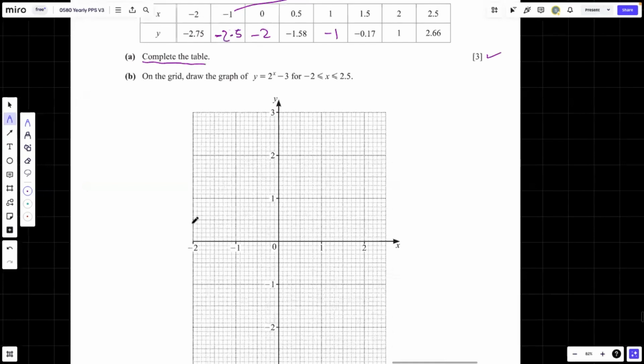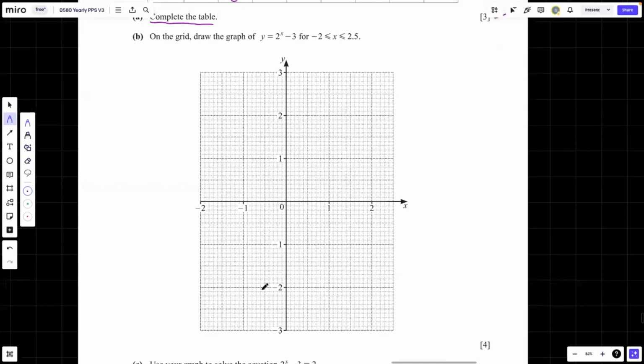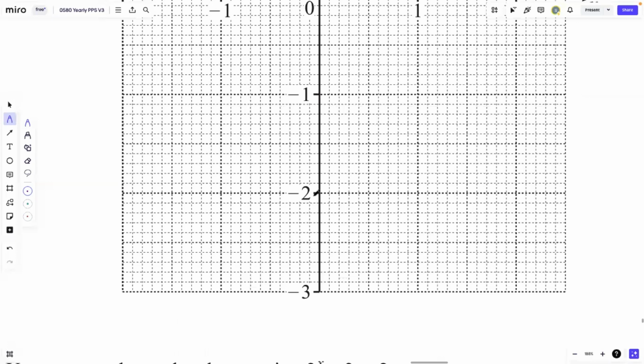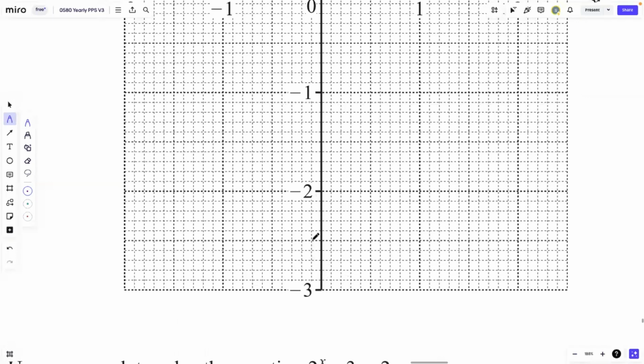Let's just plot the points. So we have -2 and -2.75. To understand the scale better, we have 10 boxes, each box representing how much? So 10 boxes representing 1 unit. So one box would be representing not 0.01, actually, sorry, 0.1.